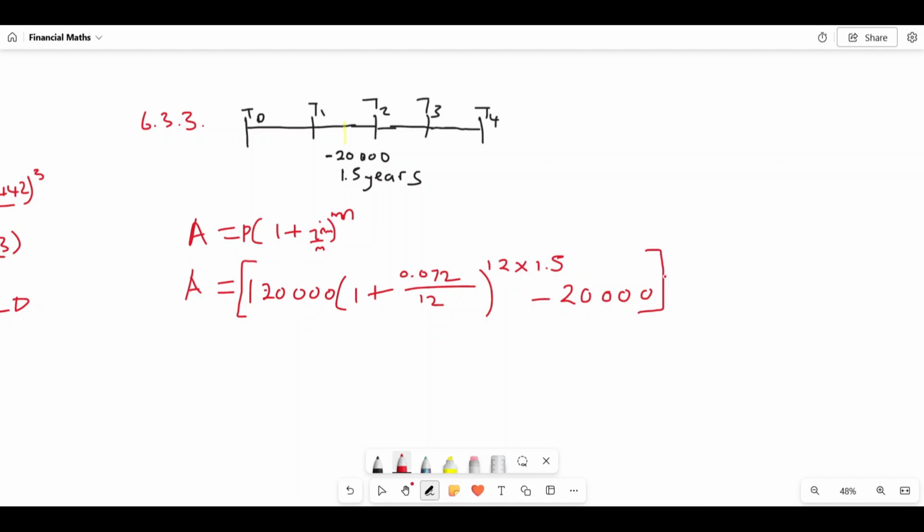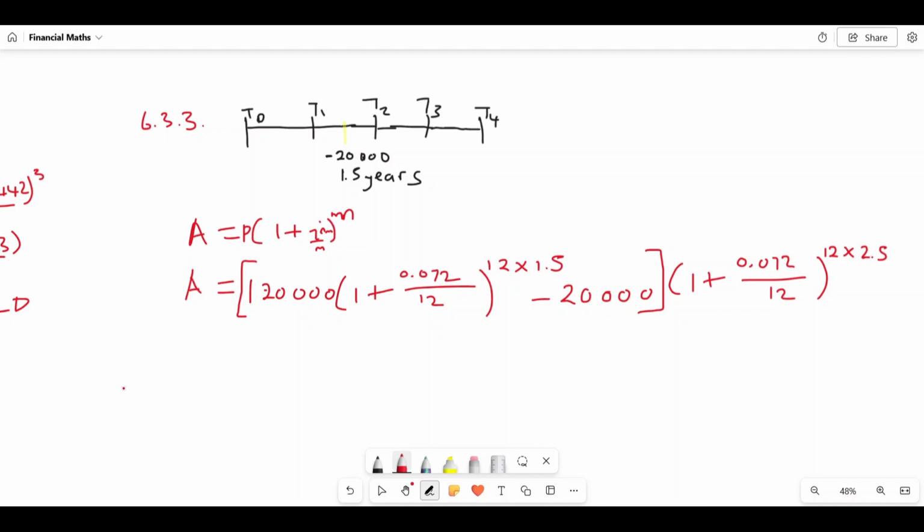And then this whole amount will then be invested for a further 2.5 years. So this will be 0.072 divided by 12 and to the power of 12 times 2.5.